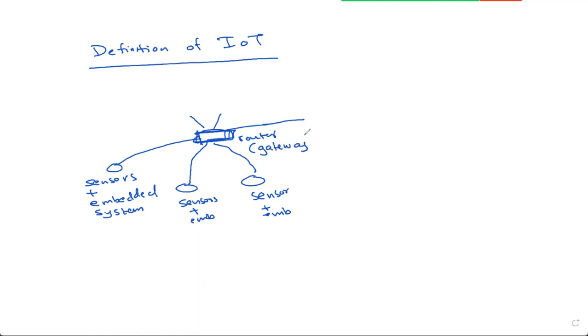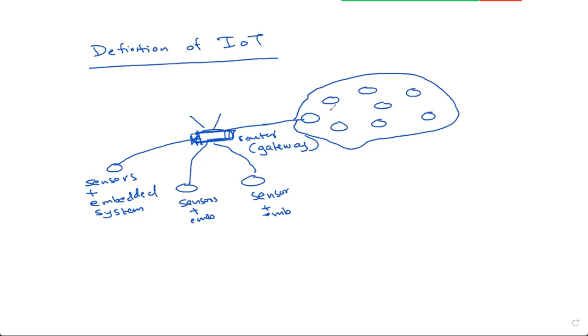The word gateway is also used for the component that connects the local network to the wide area network. So we have the internet that we can draw as a wide network, which consists of multiple routers and switches that are connected in a very unorganized and complex manner.